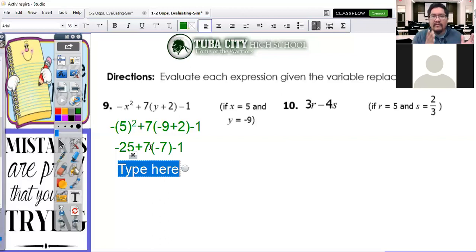It went from being a group to being a multiplication symbol. So sometimes in order of operations, it can switch from one to the other. So you've got to be careful and watch what you're doing. In this case, we have negative 25 staying, but I have 7 times negative 7, which is negative 49.